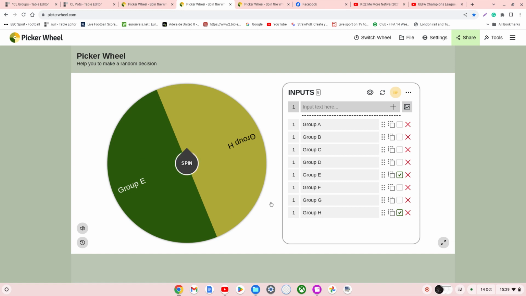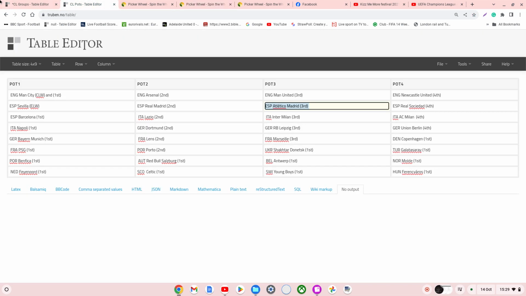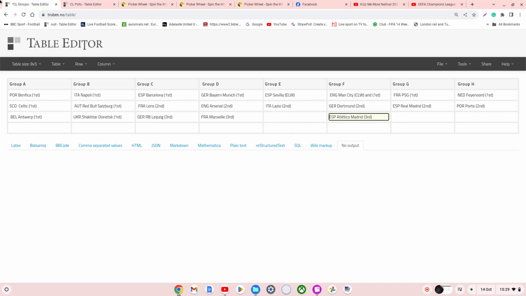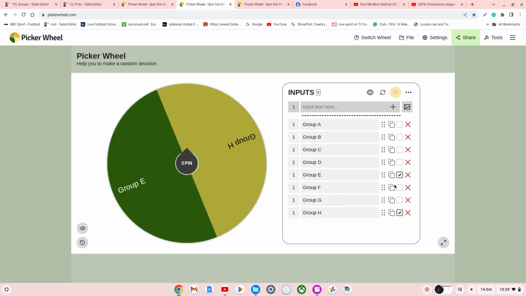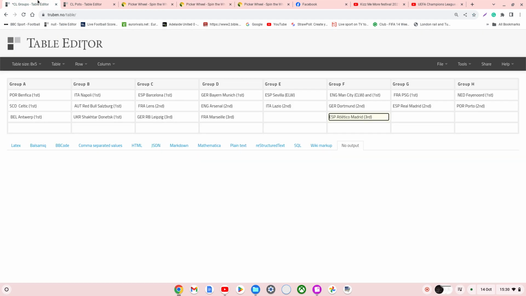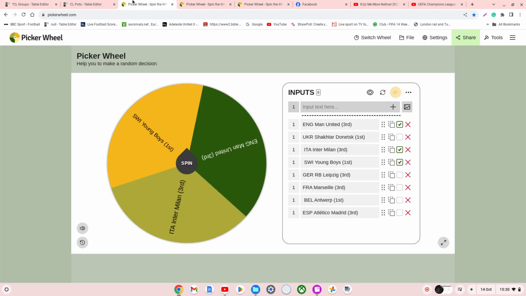Group F is now not available. Right, remove it. So F is not there. G and H.